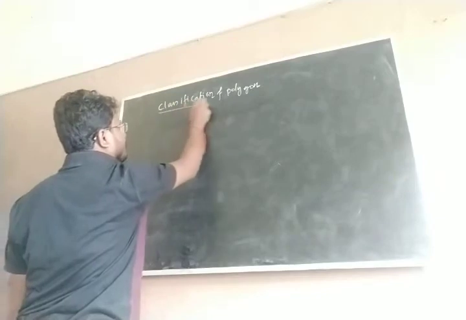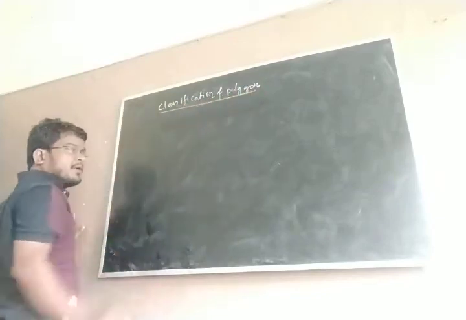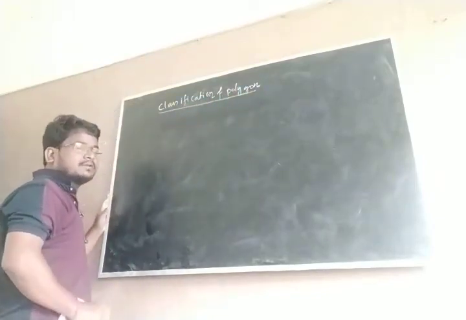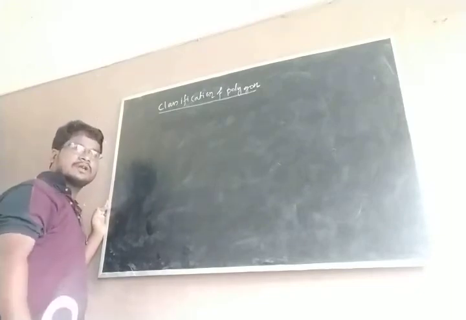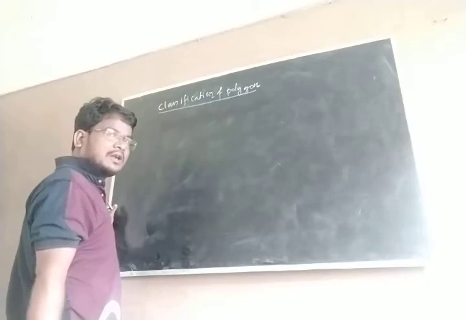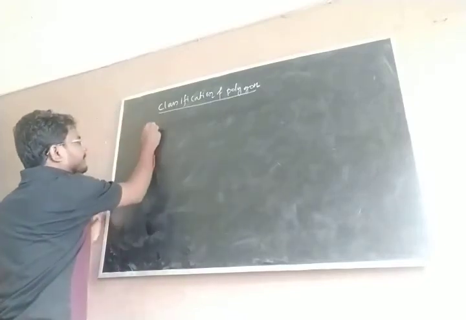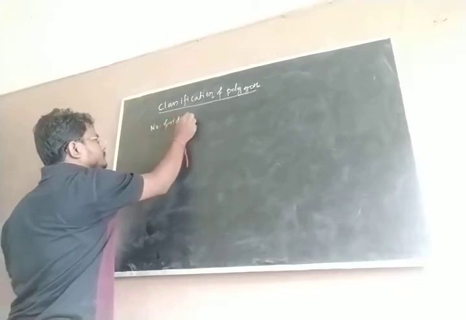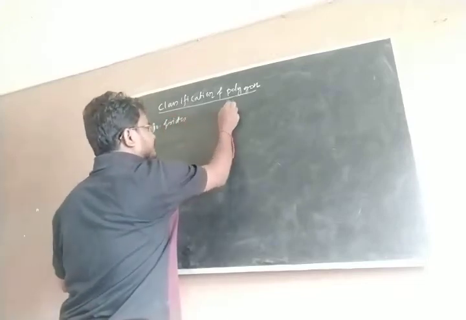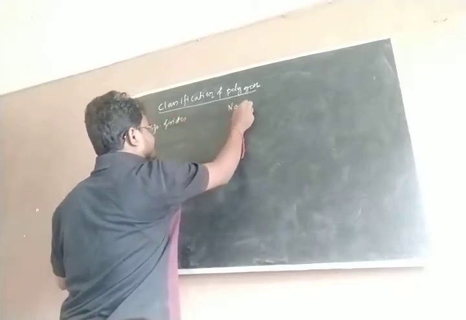For a polygon, I told you it must have more than two sides, so we will start with 3.